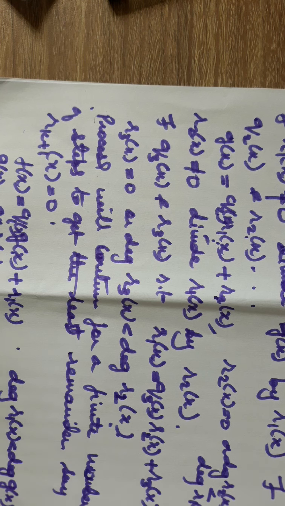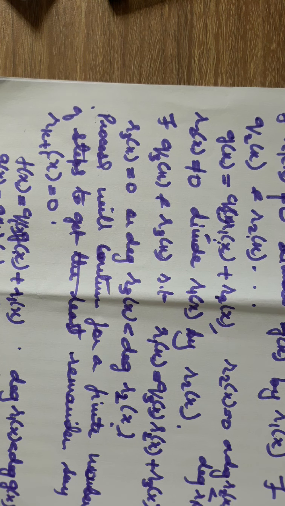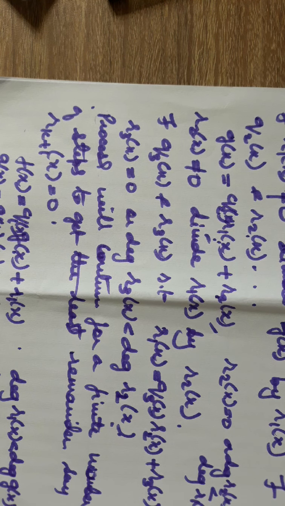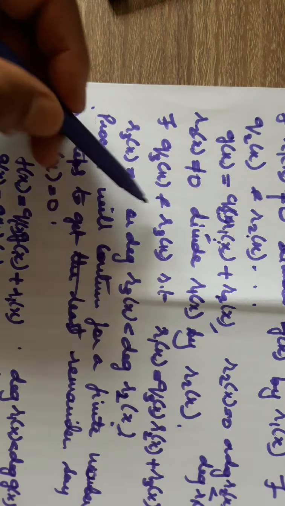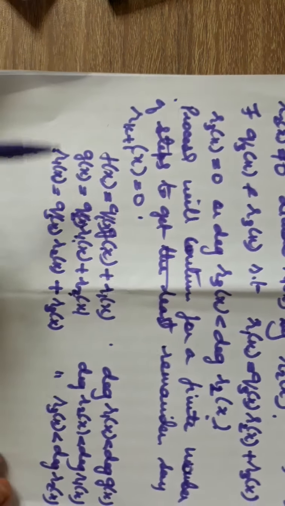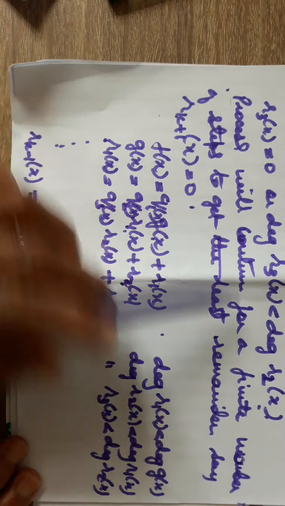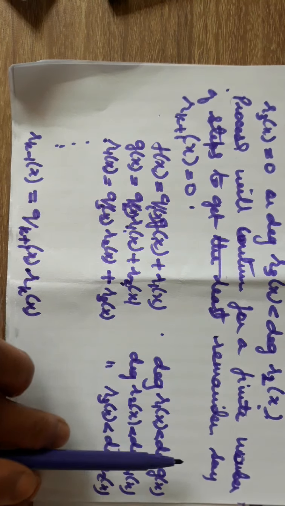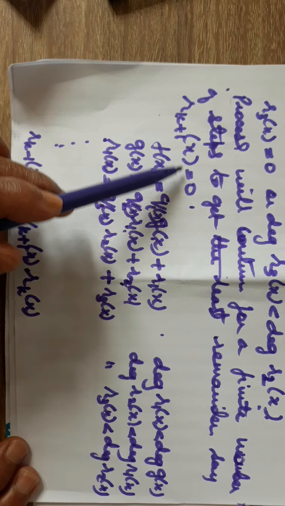Continuing till you get r(k-1)(x) equal to q(k+1)(x) times r(k)(x), since this process will continue for a finite number of steps to get the remainder r(k+1)(x) equal to 0.